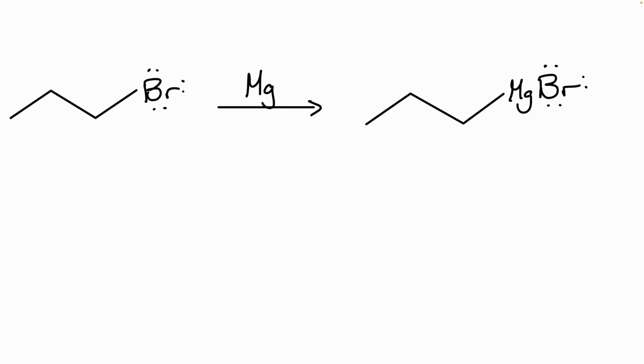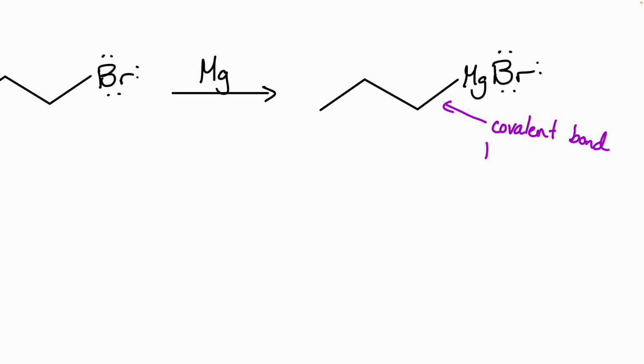All right, and so everybody's organic chemistry brain should have just exploded because we have a covalent bond to a metal here, something that we've never seen before, and that is what makes these organometallic compounds very weird. We have a covalent bond between carbon and our magnesium metal. And you're like, wait a minute, in general chemistry, we learned that you only have covalent bonds between nonmetals.